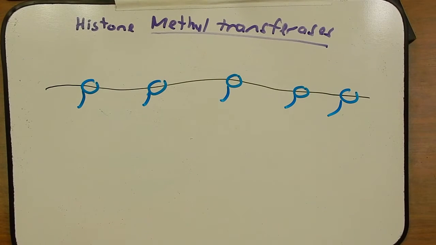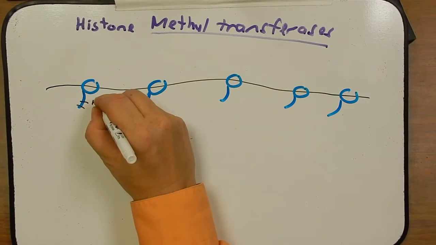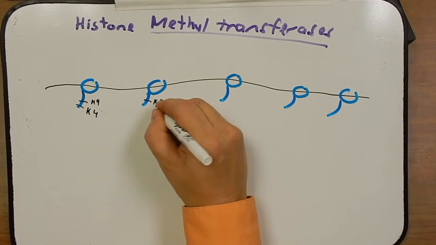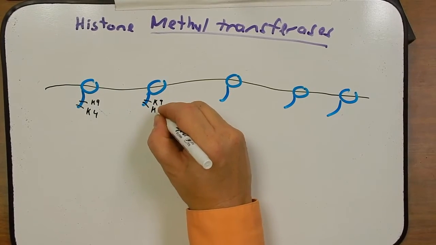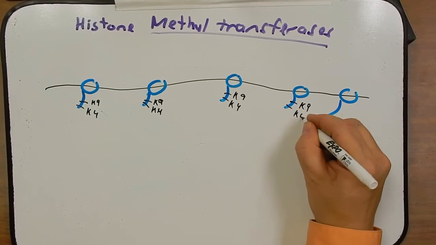And we might as well stick with maybe 2 of our favorites here, K9 and K4. We've talked quite a bit about these 2 over the past few days. They play a pretty important role in gene regulation and epigenetics.